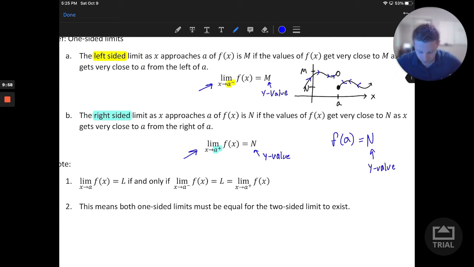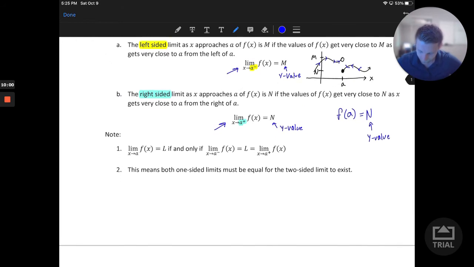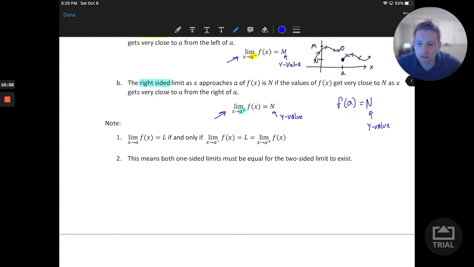Let's take a look at a couple notes for these. One is the limit as x approaches a of f of x is equal to L. That's the two-sided limit, if and only if the one-sided limits are equal to that same value.